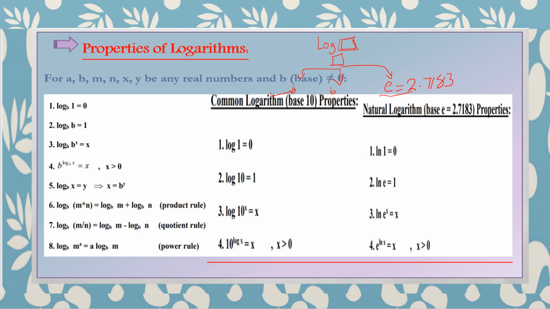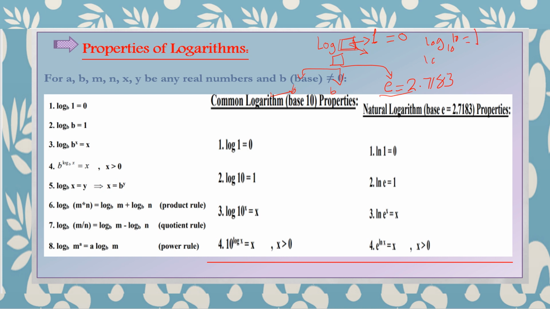For any type of the base of the logarithm, we have three main properties. When the number of the logarithm is 1, the logarithm equals 0 for any type of base. And when the number of the logarithm equals the same base, for example, when the base equals 10 and the number equals 10, the logarithm to the base 10 for 10 equals 1.